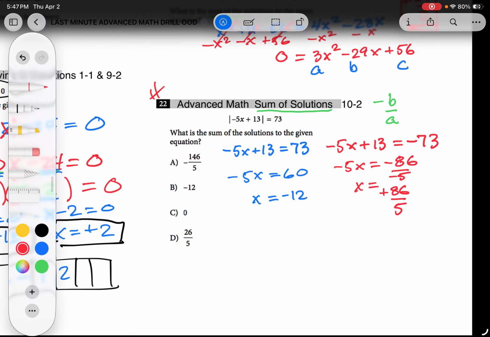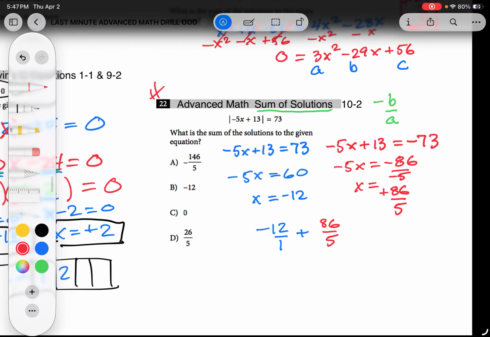Now, should this work in Desmos? Again, Gabby, my awesome student who is the queen of Desmos, she would certainly use Desmos for this. I'm going to go longhand because I want to go over your basic mechanics. So that's going to be adding a negative 12 over 1 plus, check this out, 86 over 5.